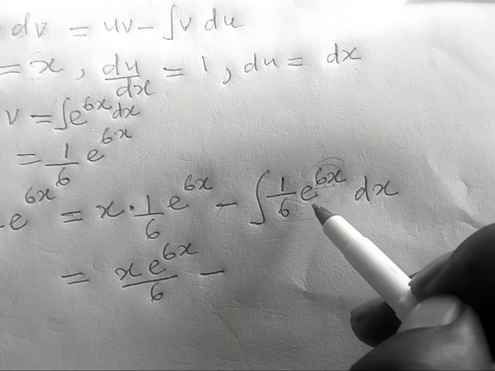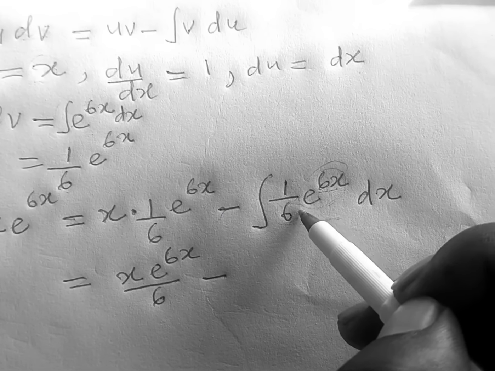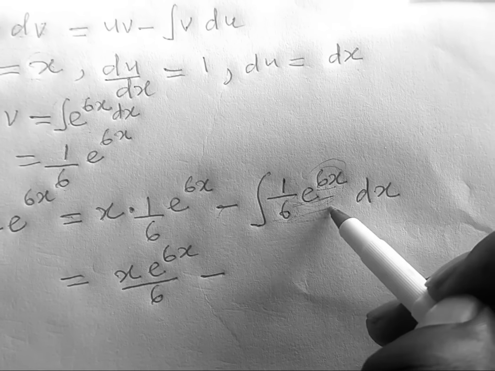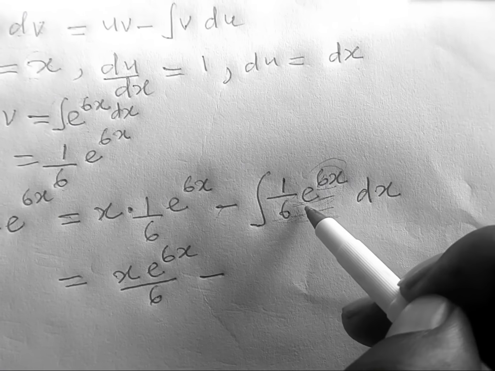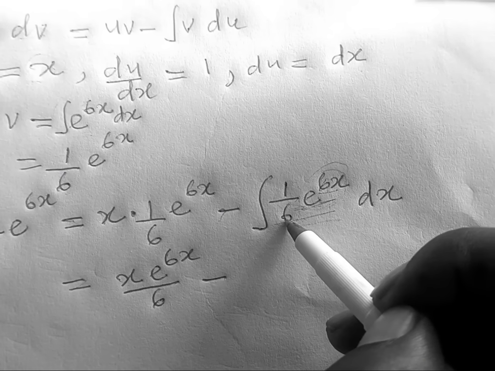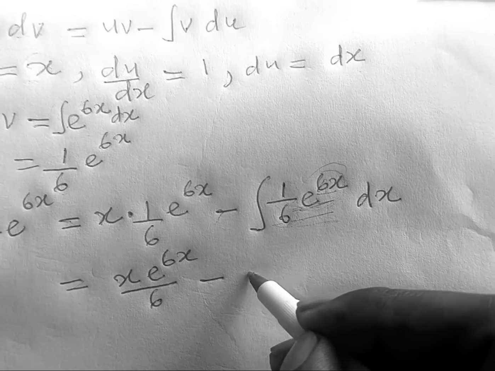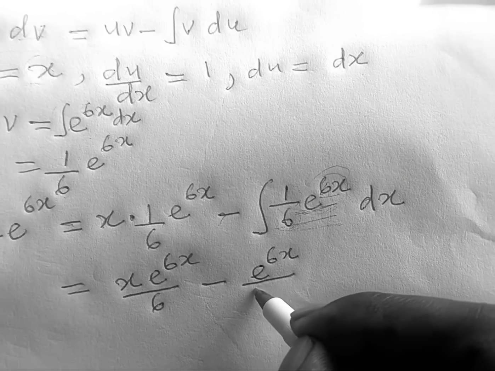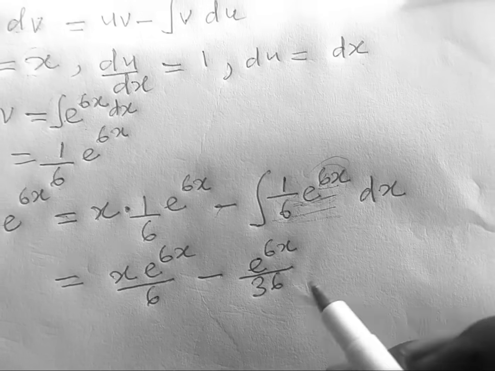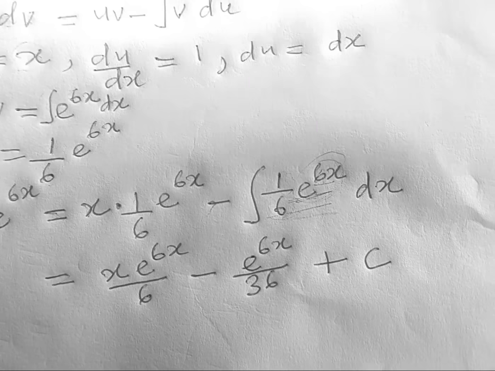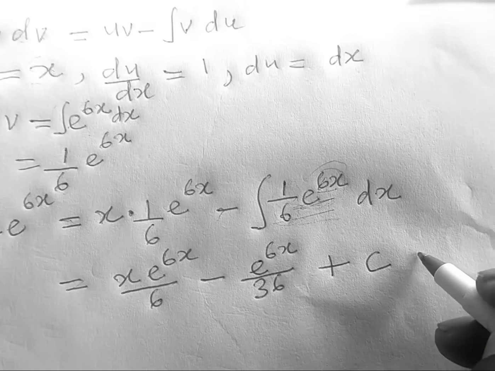Then that 6 becomes the divisor, so we are left with e to the power 6x over 6, plus C, the constant of integration. So this is our integral.